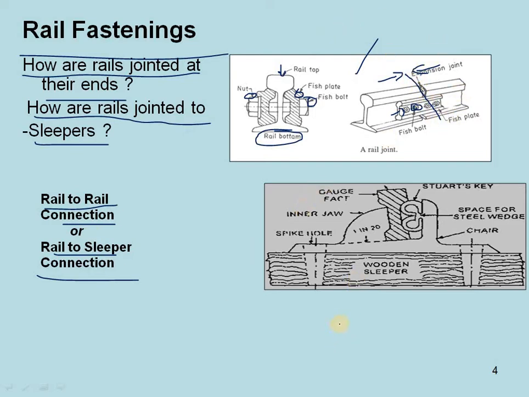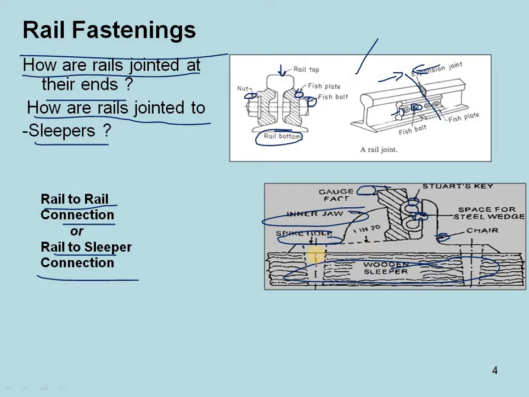In the bottom diagram you can see a wooden sleeper. In between we can see the gauge face, and the teeth which are connected to the rails. This is the space for the steel wedge, this is the chair bottom of the track, this is the inner jaw, and this is the spike core.